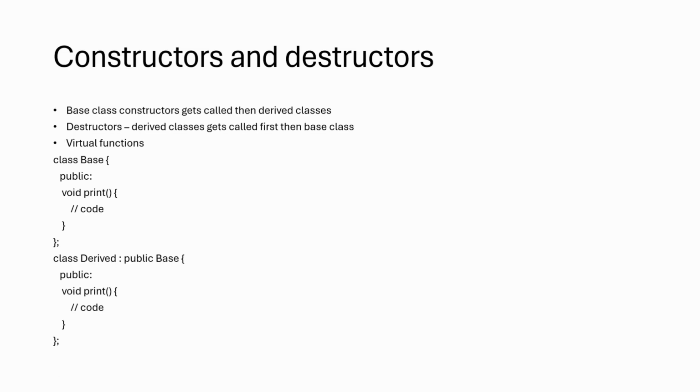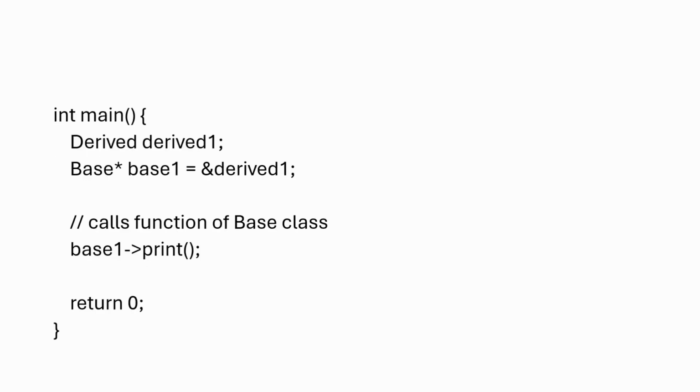Yes, I have a derived class object, and then I have a base pointer pointing to the derived class. But when you call base1 at print, what do you think is going to happen?